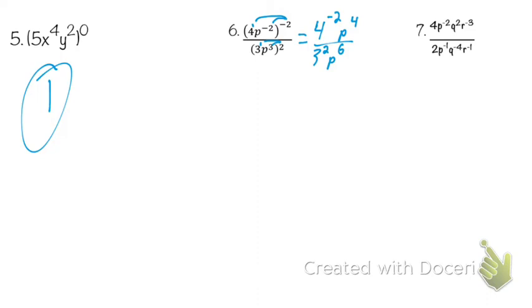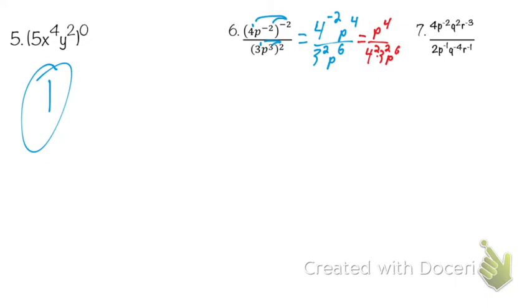All right, now we have 4 to the negative second. Do we like that up there? No, what do we want to do with that? Send it downstairs. Does P to the 4th move? No, it stays. P to the 4th is happy. Are we done? Not quite. We have P to the 4th and P to the 6th.